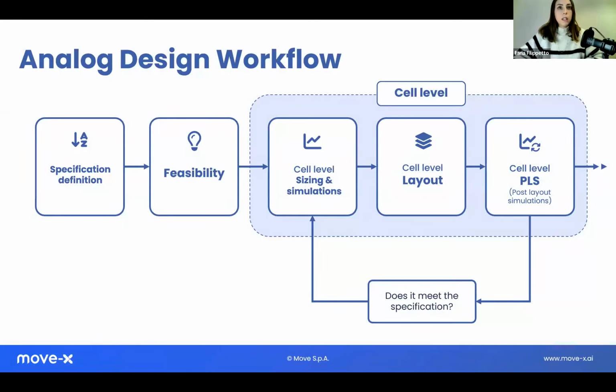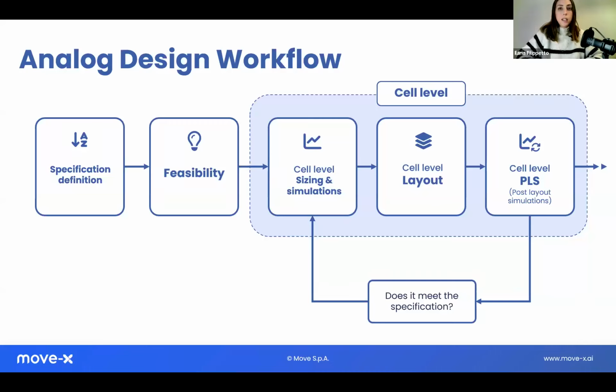So once the feasibility is completed, we begin with the actual design process. And this process is carried out at the beginning at cell level, so focusing on the blocks that compose the chip.